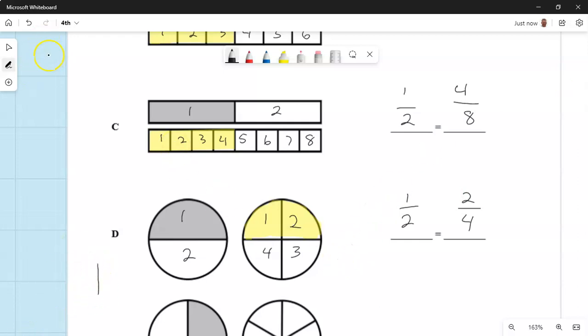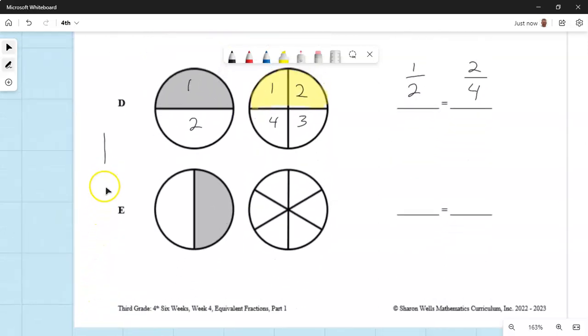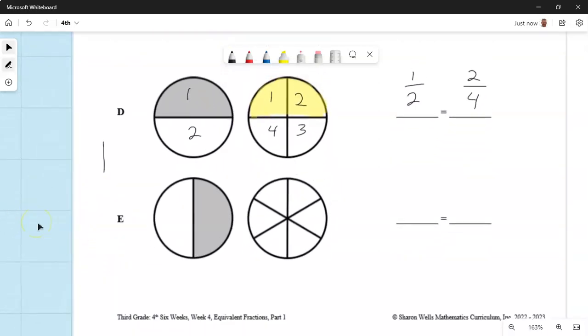Scoot on up, and we'll look at E. On E, I've got one part shaded, so my numerator is going to be a 1 out of 2 total parts. So that's 1/2 again. To make this same amount shaded, I'm going to shade in this over here.